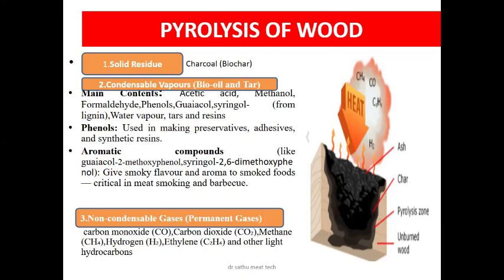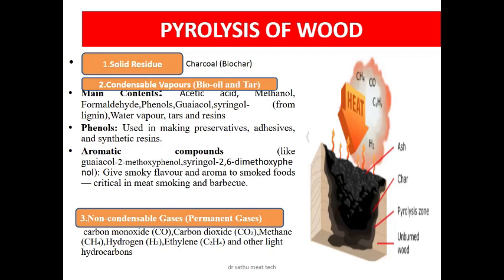Then we have the condensable vapors, that is, bio oils and tars. The bio oils or condensable vapors mainly contain acetic acid, methanol, formaldehyde, phenol, guaiacol, and syringol from the lignin, then water vapor, tars, resins, and so on. Then aromatic compounds.